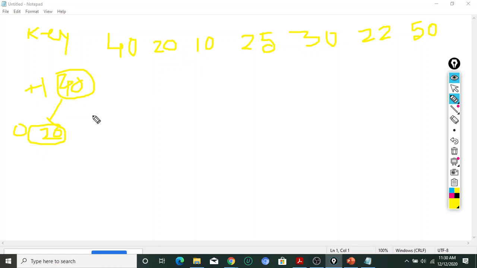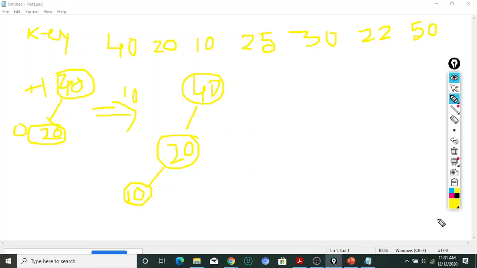If I add 10, what will happen? So 40, then 20, then 10. Is it okay? I am not getting response. Please everyone unmute and give some response whether you can understand or not.